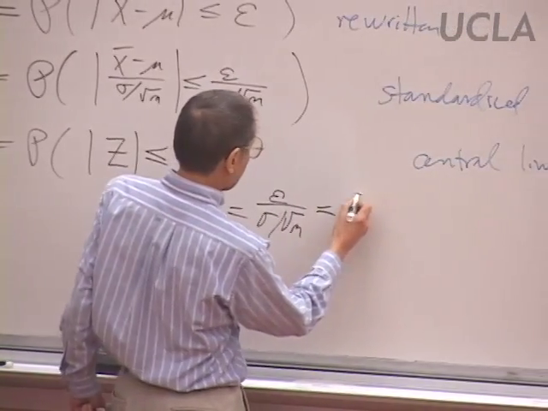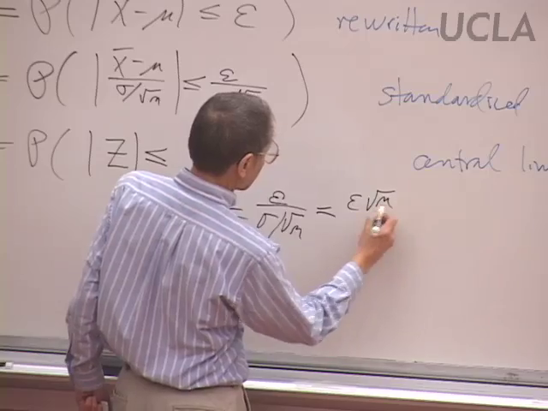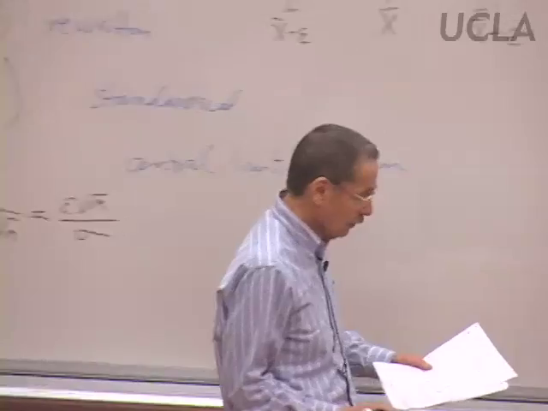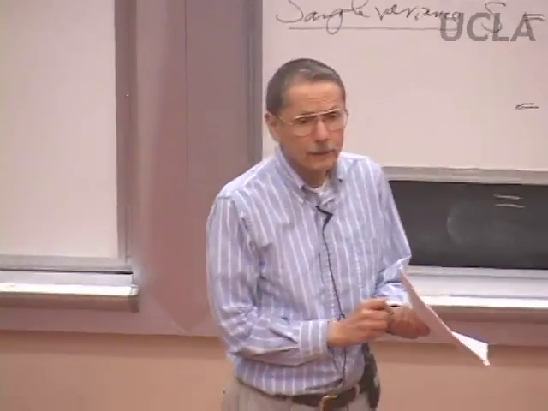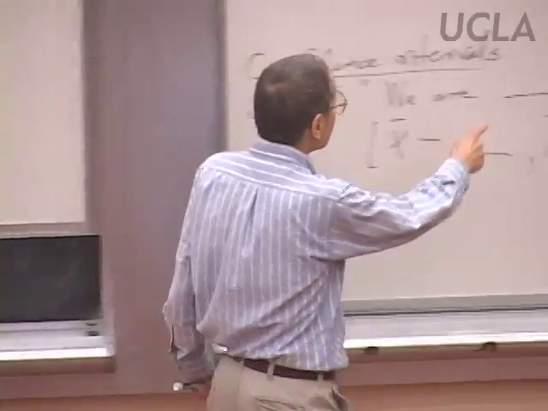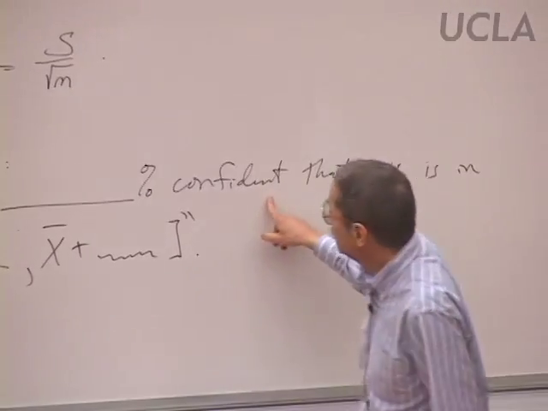Let's write it better. Epsilon square root of n over sigma. Well, why do we want to know that? It gives us a result like this.